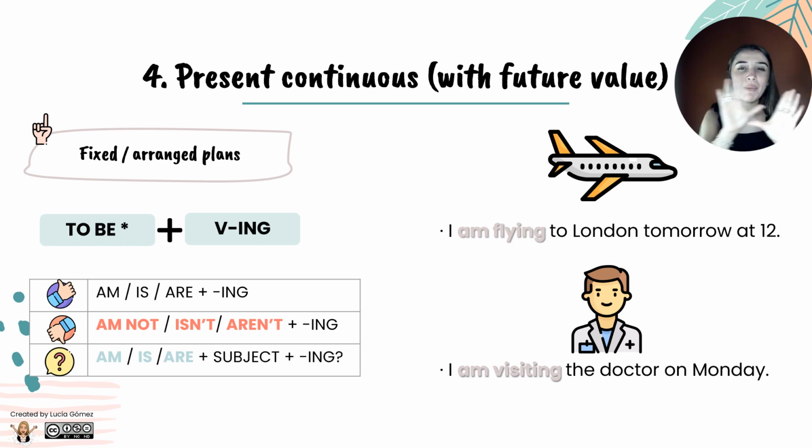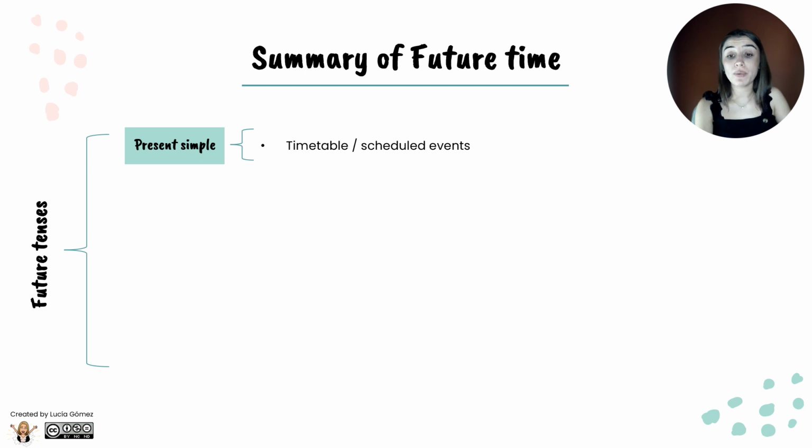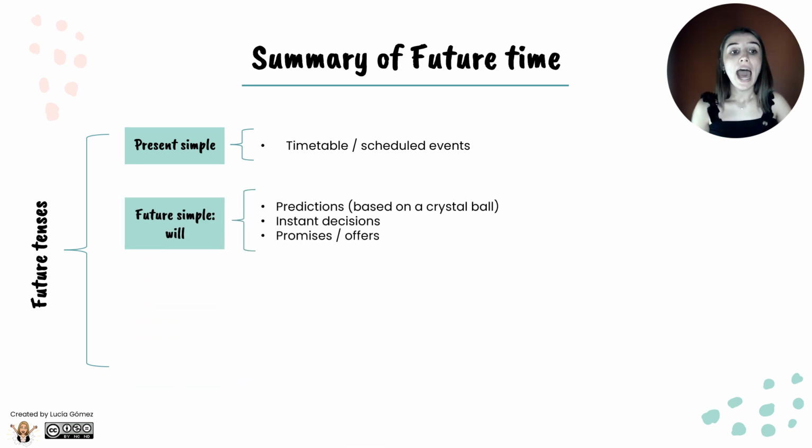Let me summarize everything. So, let me summarize the different ways in which we can express future time. First of all, we were talking about present simple, that is the tense that we use to talk about timetable or scheduled events. Future simple was used in 3 different cases: to talk about predictions based on my crystal ball, to talk about instant decisions, and to talk about promises or offers.